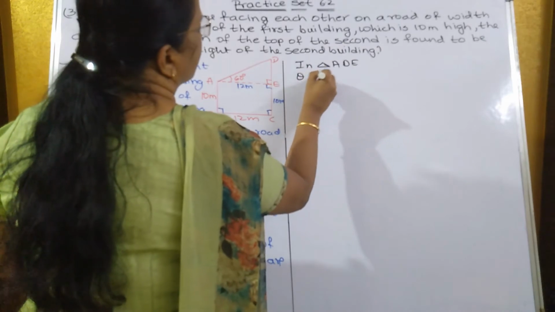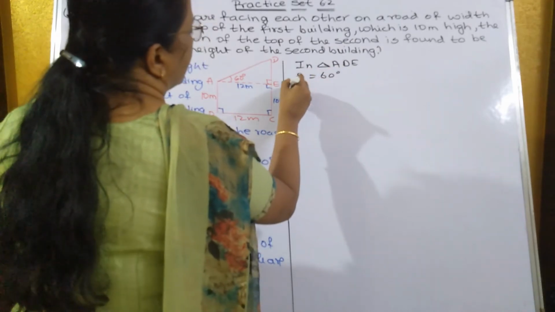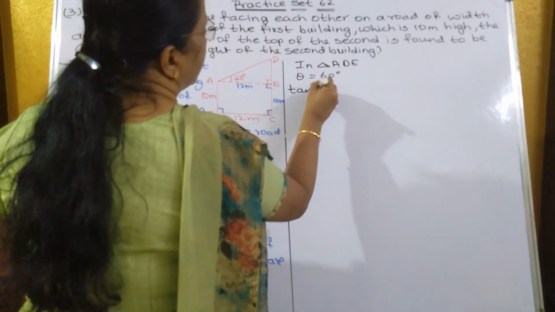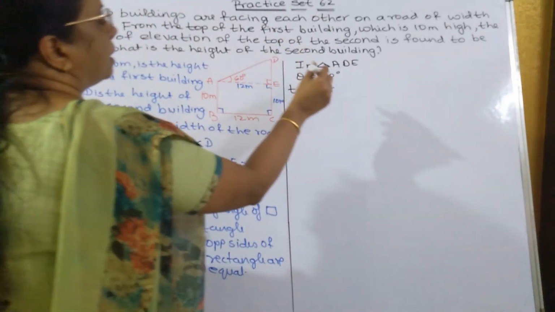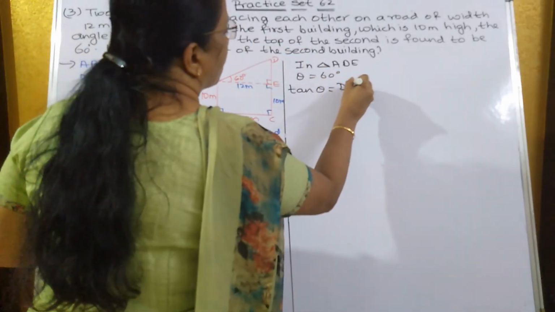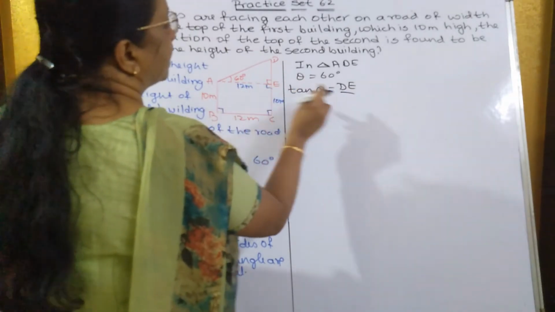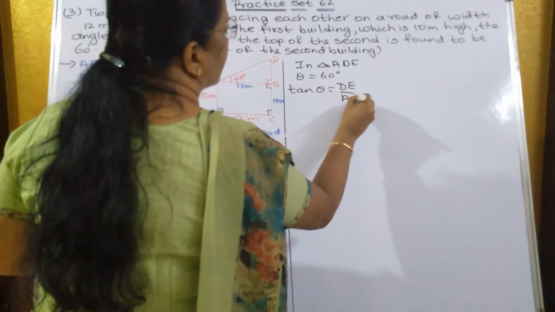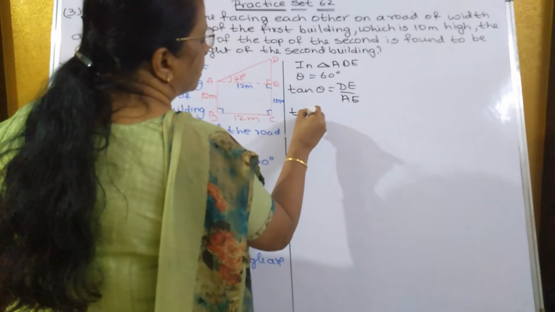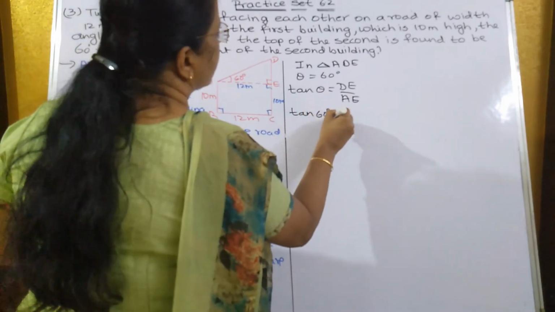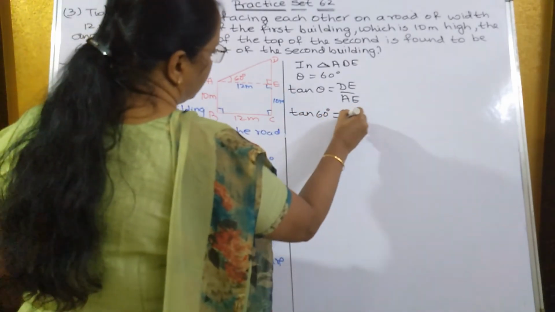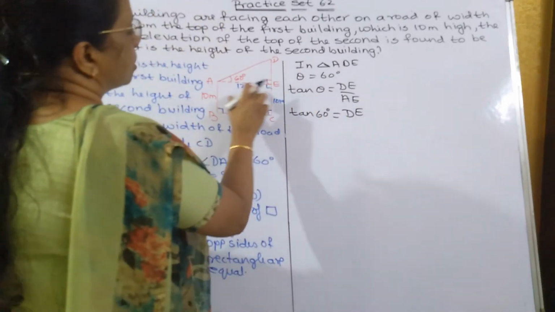Theta is equal to 60 degree. Tan theta is opposite side, that is DE, upon adjacent side, that is AE. That is tan 60 degree is equal to DE, we have to find out, upon AE, and AE is equal to how much? 12 meter.